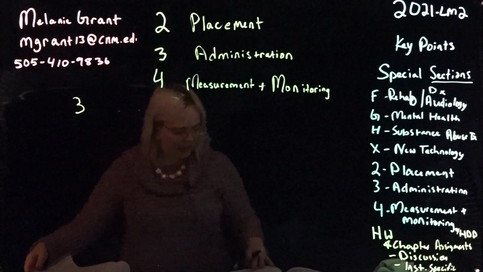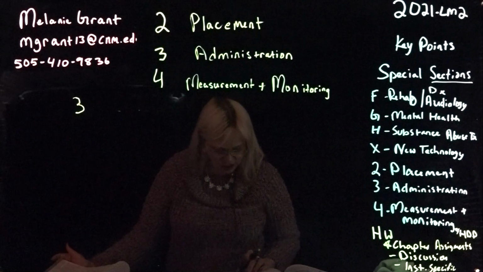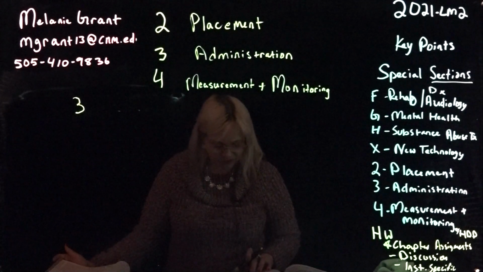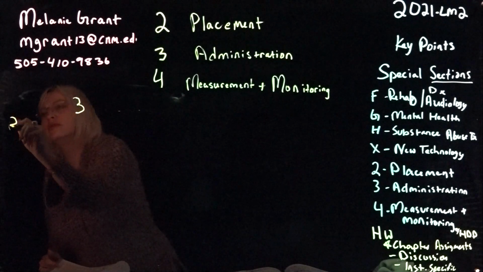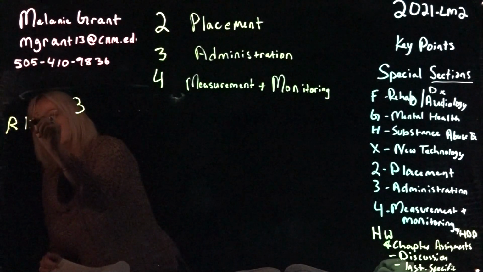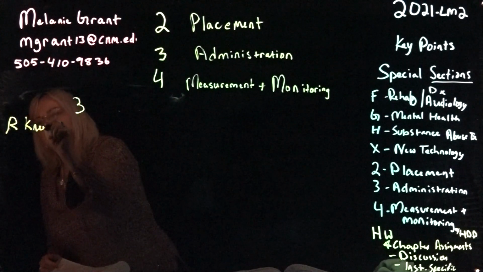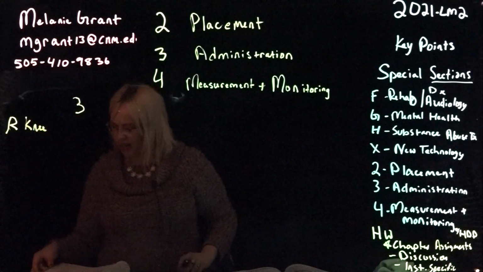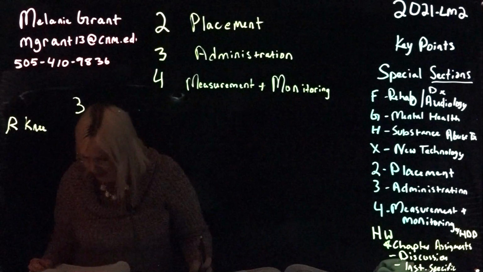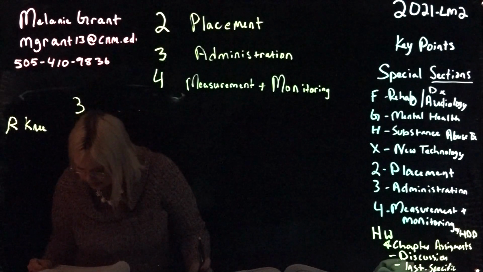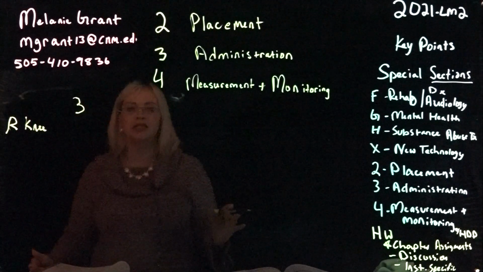Okay, so let's go ahead and use the example of irrigating an infected joint. And let's say it's the right knee, okay? Our right knee is infected. Because of that, we went ahead and irrigated the joint with, let's see here, an anti-inflammatory substance.